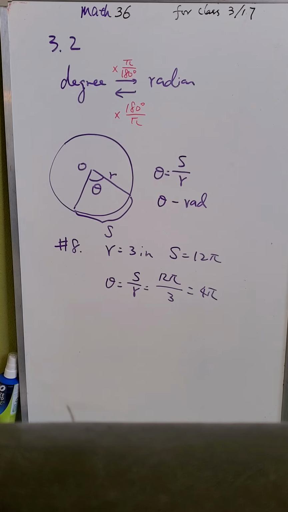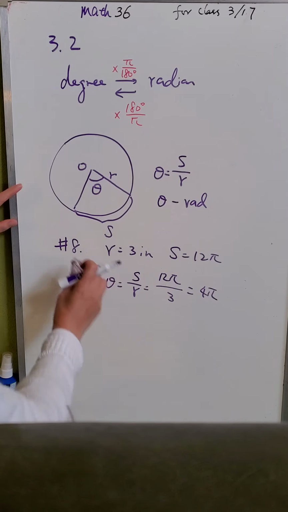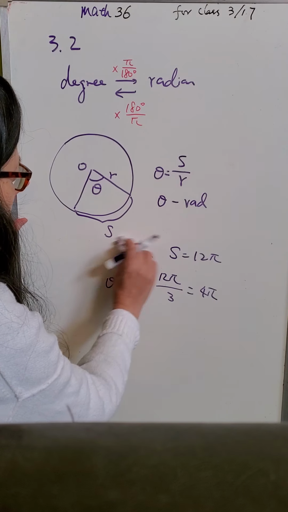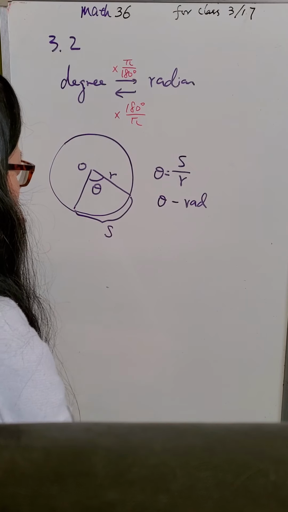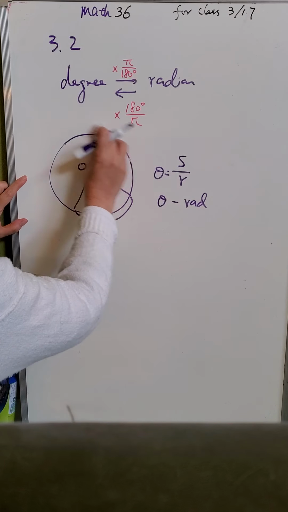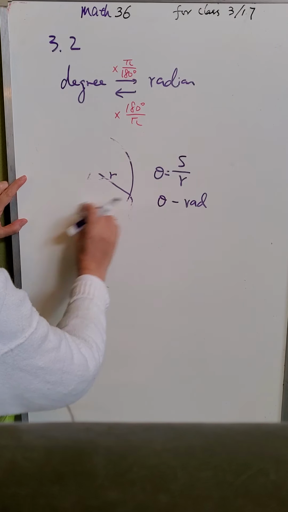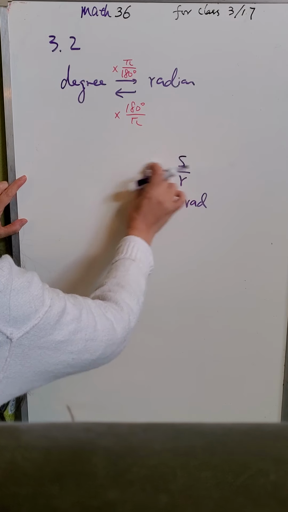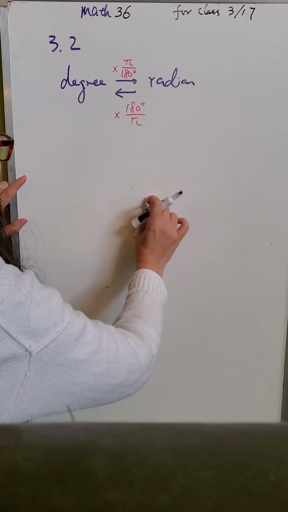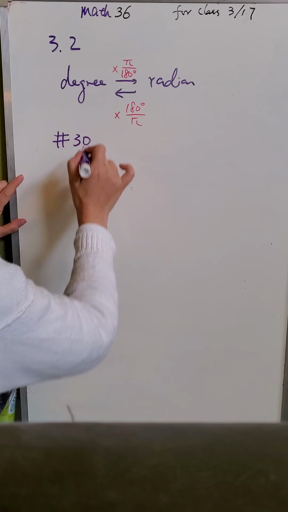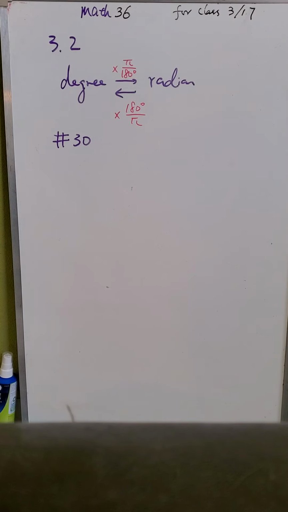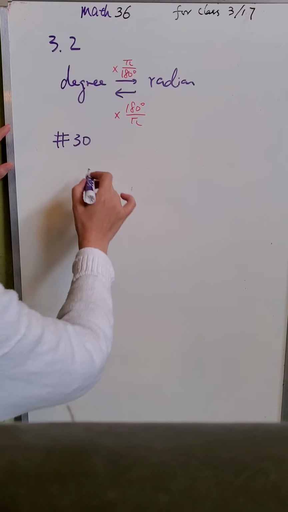Now we're going to see another example. We are looking at example number 13, so I'm going to erase this one. On number 13, they said there's a clock. Here's a clock.